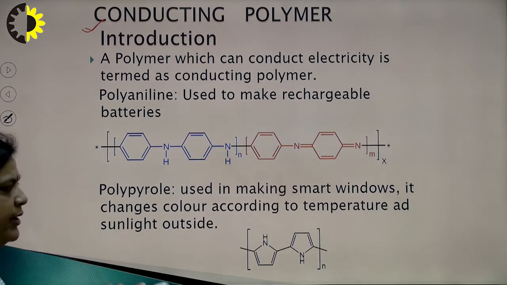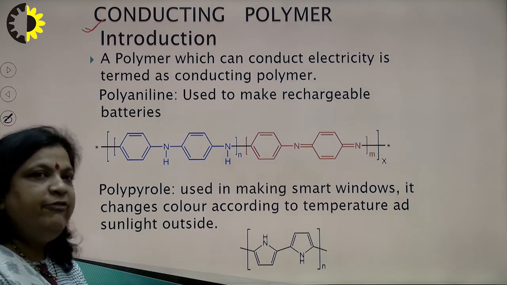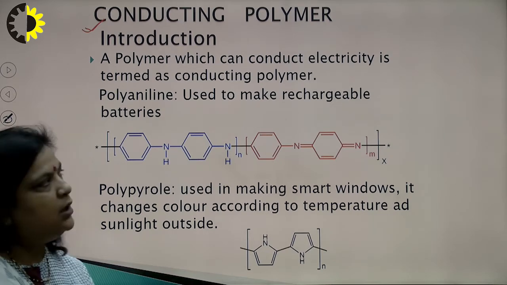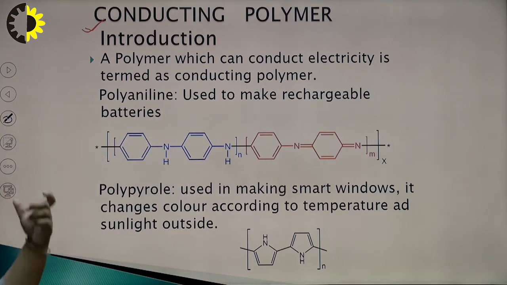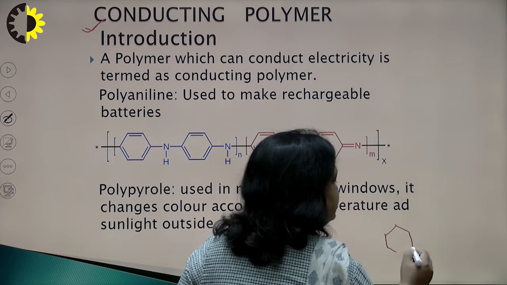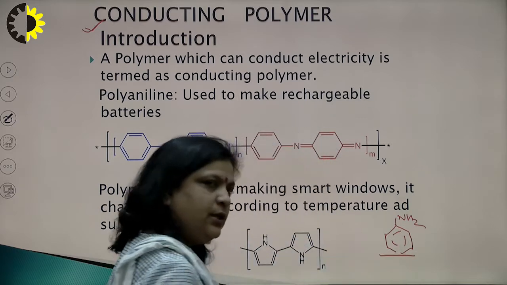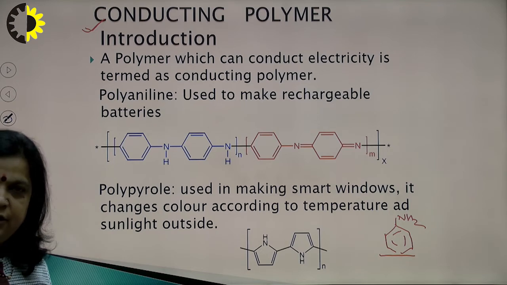So, if we define this, we can say a polymer which can conduct electricity due to alternating double bonds is known as a conducting polymer. For example, polyaniline. Aniline, everybody knows, is a benzene ring with NH2, and for its preparation neither addition nor condensation polymerization is used.